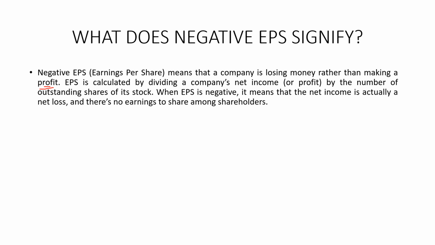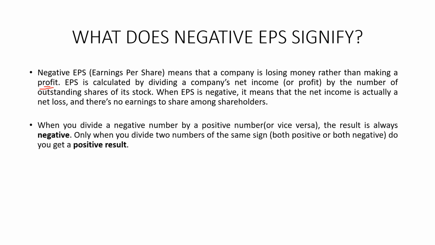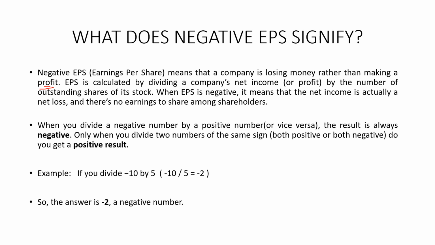So when the EPS is negative, it means that the net income is actually a net loss, right? And there is no earnings to share among the shareholders. So when you divide a negative number by a positive number or vice versa, the result is always negative, which we all know. Only when you divide two numbers of the same sign, both positive or both negative, do you get a positive result. This is basic mathematics, we all know. So, this is just a simple example that I've shown.